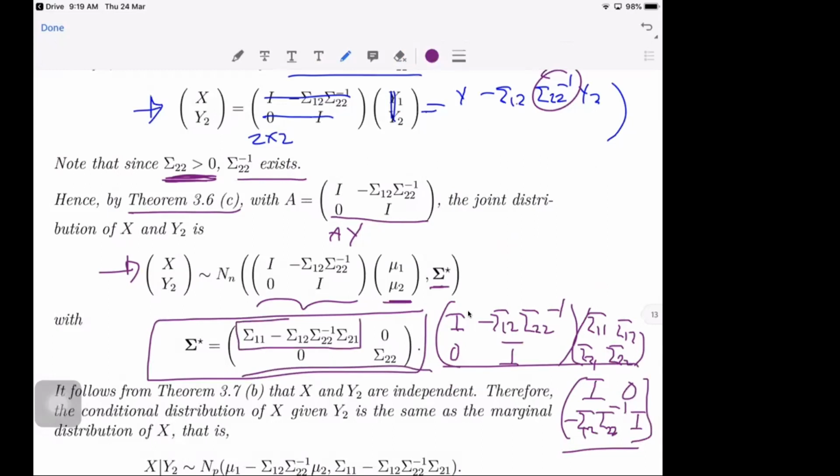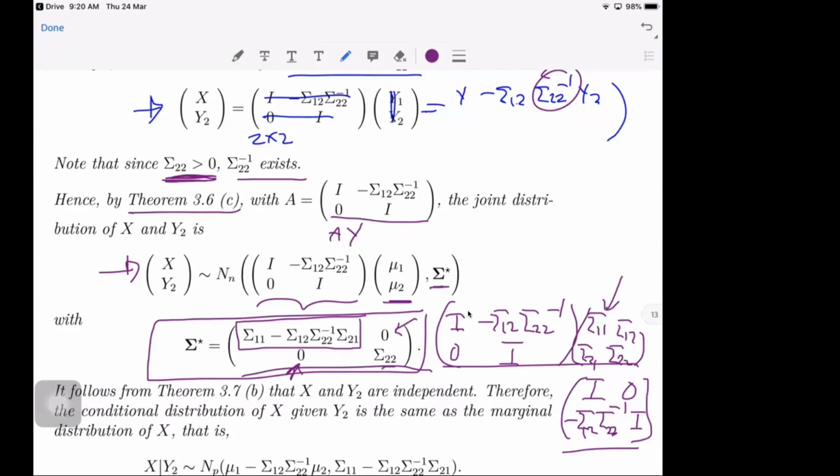This is your sigma 11 relative to Ay, and then 0 as the off-diagonal blocks sigma 12 and sigma 21, and then sigma 22.